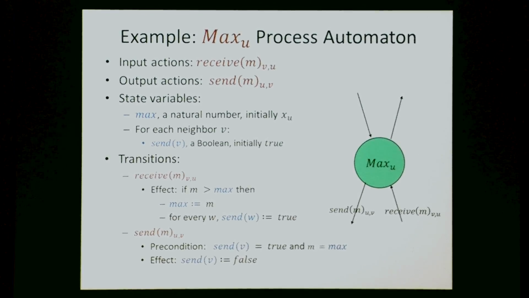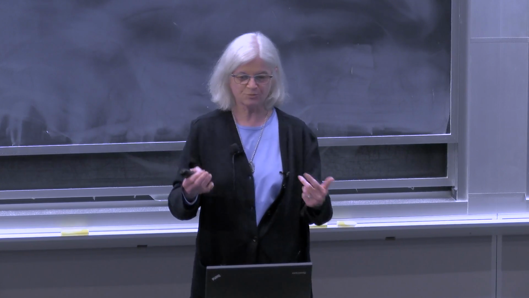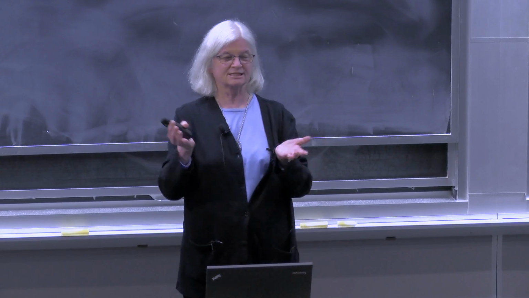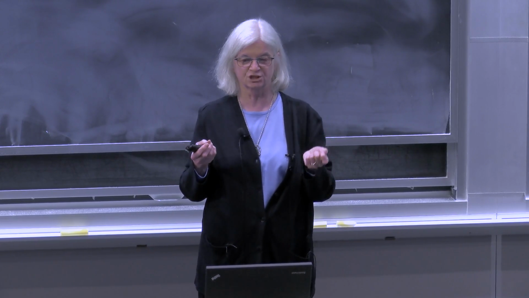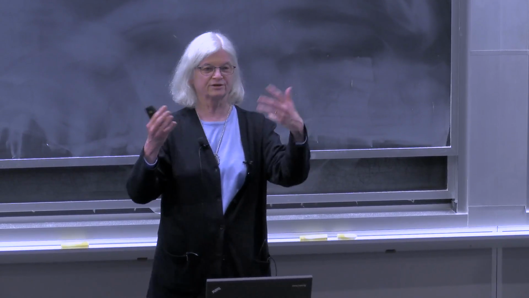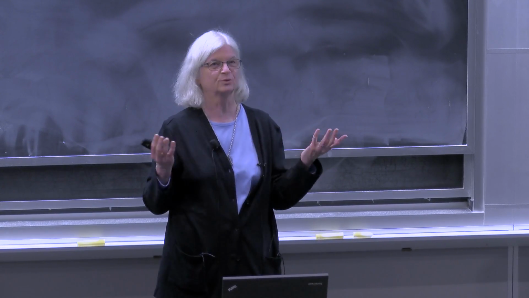And we have to make sure that everybody keeps taking steps, that every channel continues to deliver messages, and every process always performs some step that's enabled. Okay. So for the max processes, we can just have a bunch of processes, each one starting with its initial value. And what happens when we plug them together with all their channels between them, corresponding to whatever graph they're in, with channels on the edges?